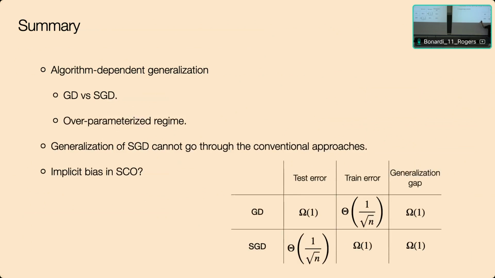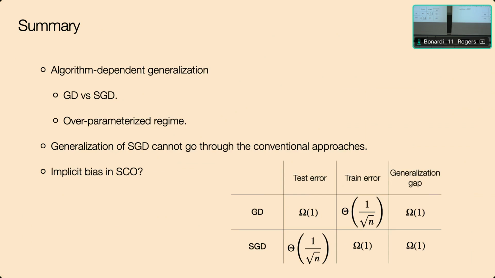First, we showed that generalization in SCO depends on the algorithm: SGD generalizes optimally, while other gradient methods like GD may perform poorly in the overparameterized regime, which is a setting of large relevance in practice.